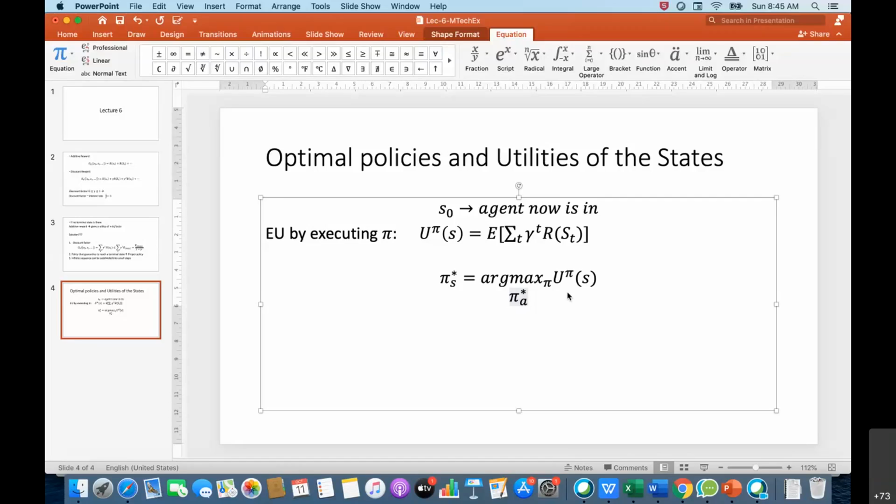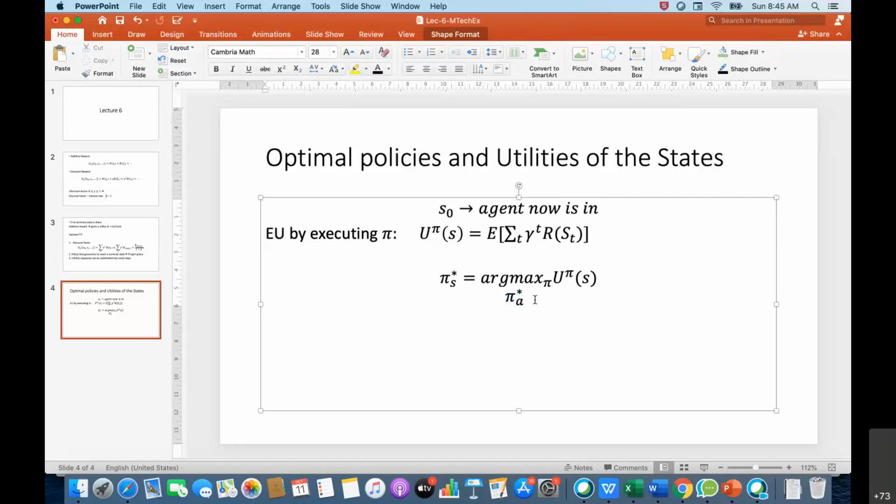Similarly, in the same finite horizon, another optimal policy can be represented as pi star B. It is another optimal policy if the sequence starts from B. Now these two policies should not disagree with each other, since the finite horizon that we are considering is the same.